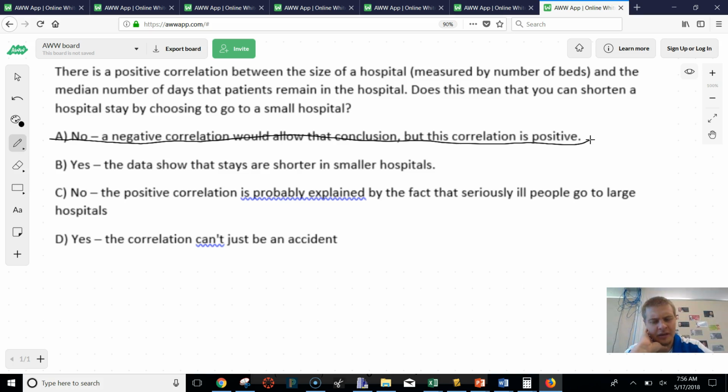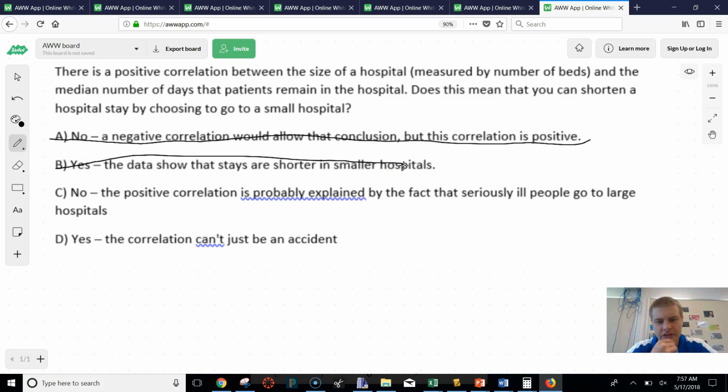Like I can say during the summertime, ice cream sales increase and so do shark attacks, but that doesn't mean that ice cream's causing shark attacks. That means that it's summertime. So that one is not true.